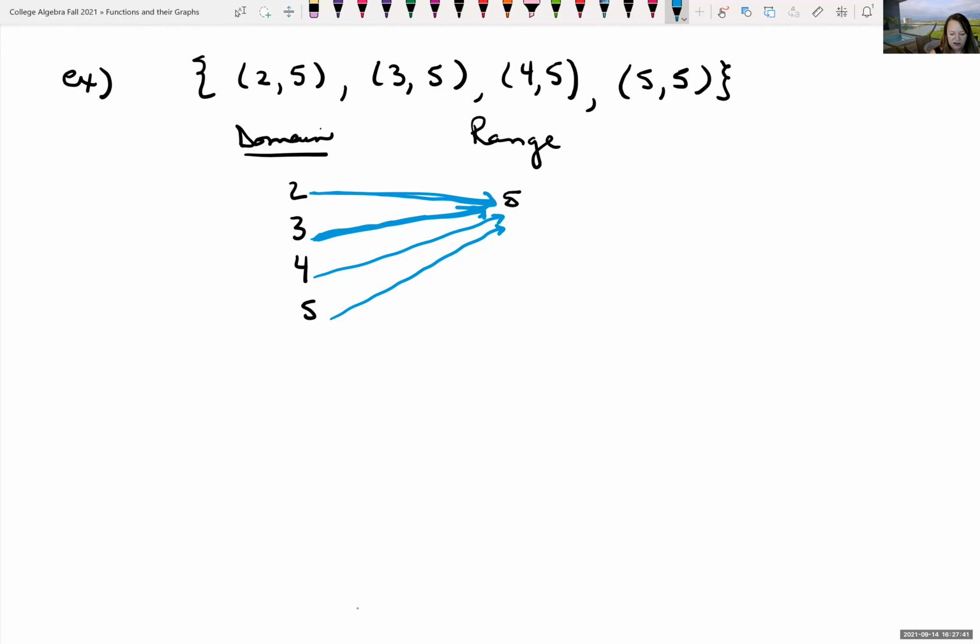So here, 1 x corresponds to 1 y. 4 goes to one y value, which is 5, and 5 goes to one y value, which is 5. Just happens that they're all going to the same y value, but by definition, it says every x value corresponds to exactly one y value. And so in this case, this is a function.